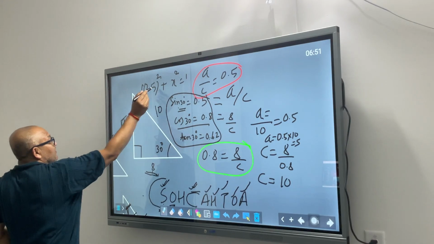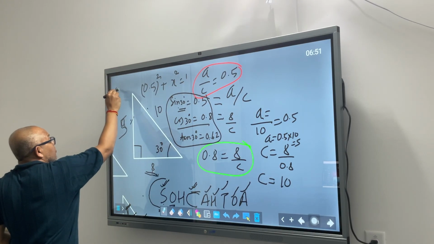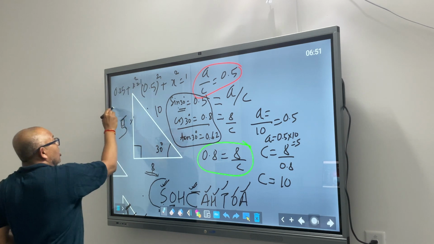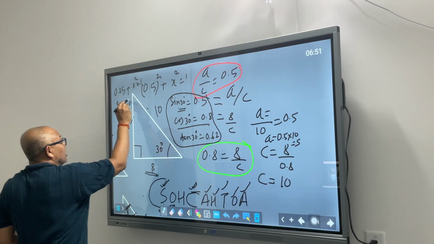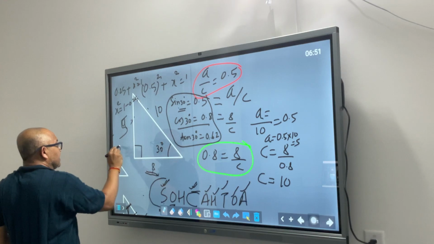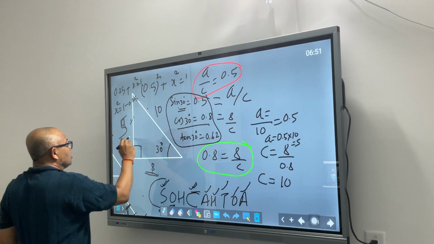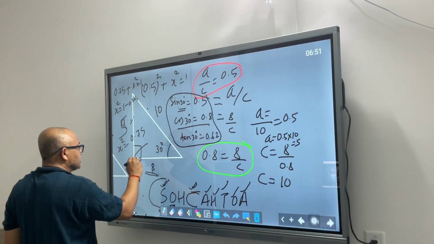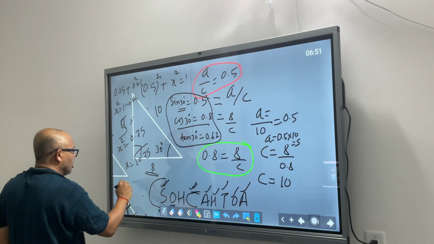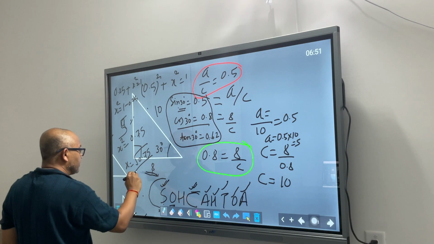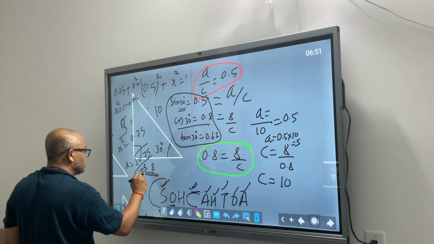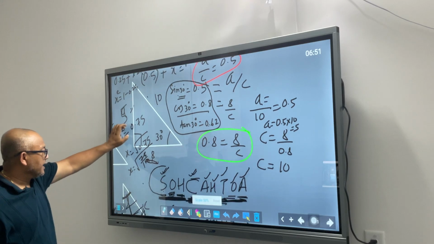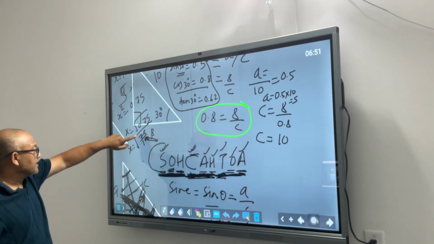Or 0.5 square will become 0.25 plus x square equal to 1, or x square equal to 1 minus 0.25, which is 0.75. x will be equal to square root of 0.75, or x will be equal to square root of 75 by 100. 75 is not a perfect square. 8 8 is 64, 9 9 is 81.